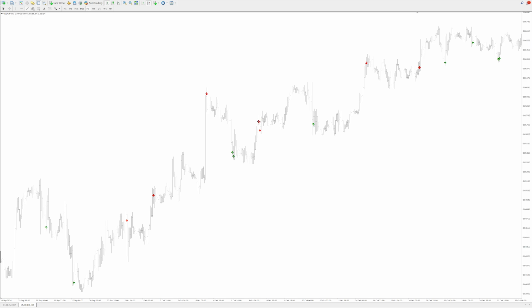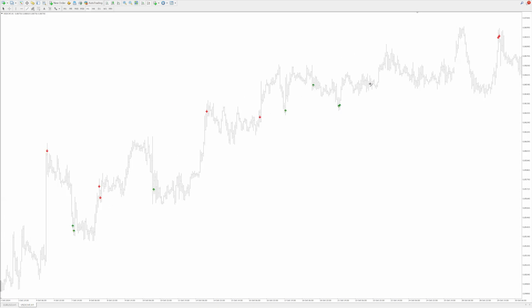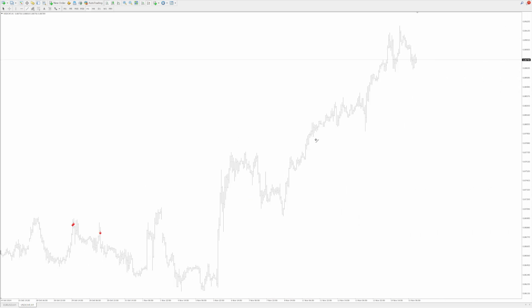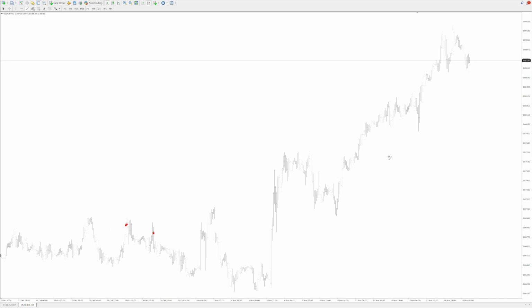Buy here, reasonable, sell, stop loss, okay? Sell, stop loss, sell, stop loss. Yeah, and here there's a big move up and there's not even an arrow displayed to buy. Okay, so there you go. For me, that alone is enough. In my opinion, I would not use this indicator.